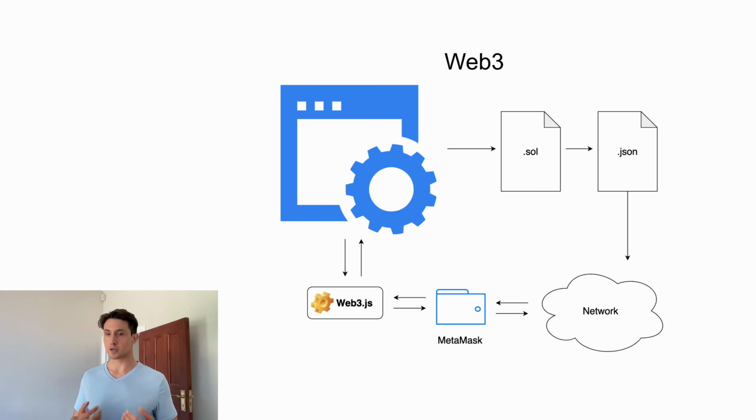I've already explained in earlier slides that transactions have to be signed, and you'll be able to log into your crypto wallet using MetaMask and sign that transaction in the browser. And I'm going to show you an example of a decentralized application shortly, but this is a really high level overview of what you'll be working with.